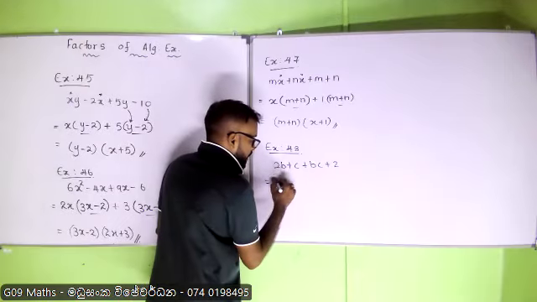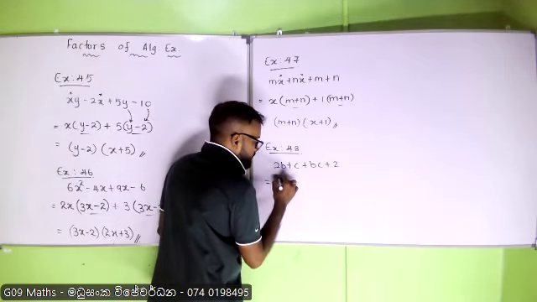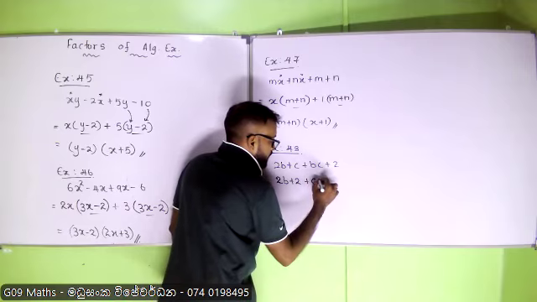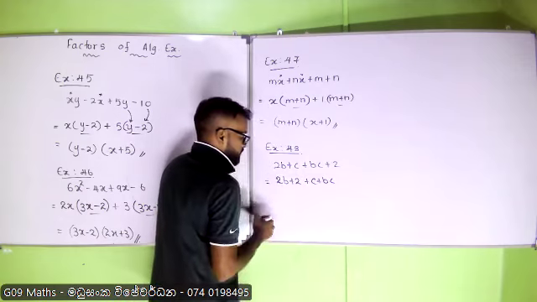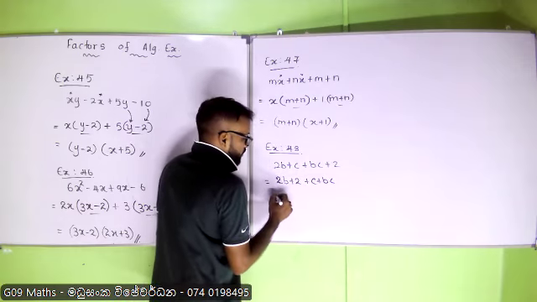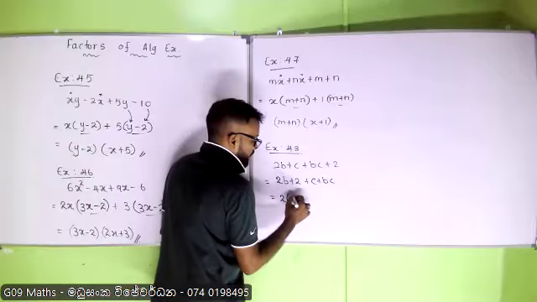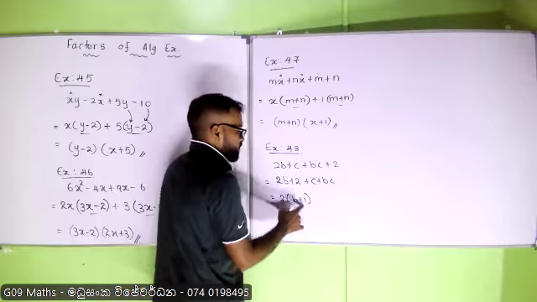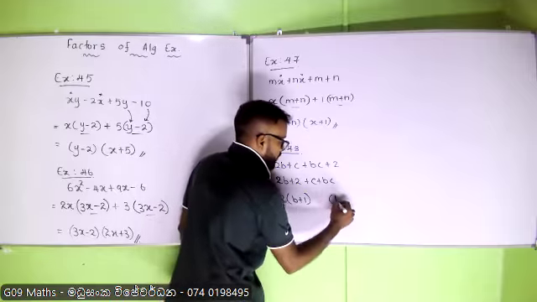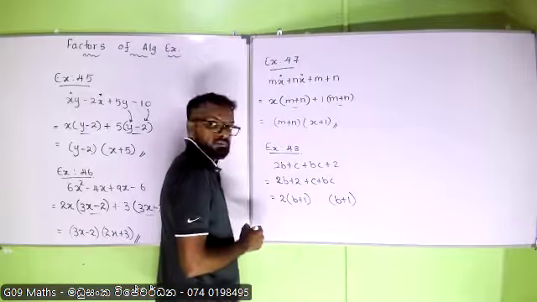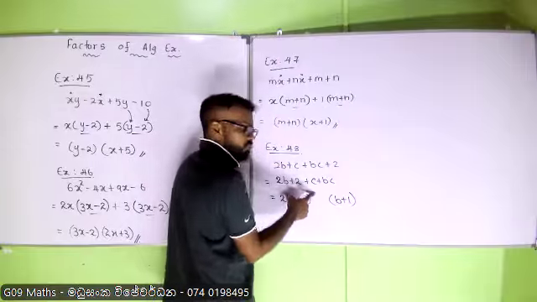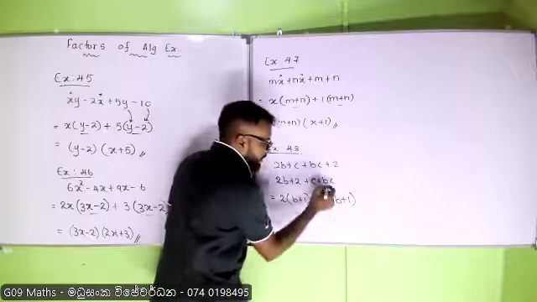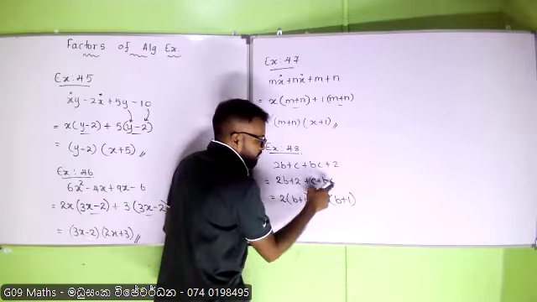Take those terms into the same group, and take the other terms into the same group. Make 2 common, take out from the bracket b plus 1. You need to make sure you have b plus 1 here. How are you going to make b plus 1 here? Take c out.